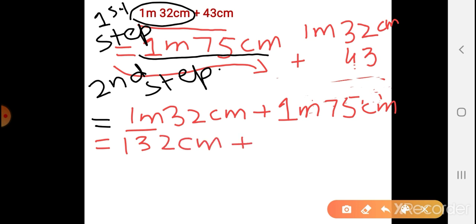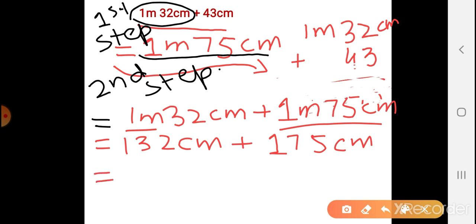And here we have 1 meter 75 centimeters. 1 meter means 100 centimeters, so 1 meter 75 centimeters converted to centimeters is 175 centimeters.